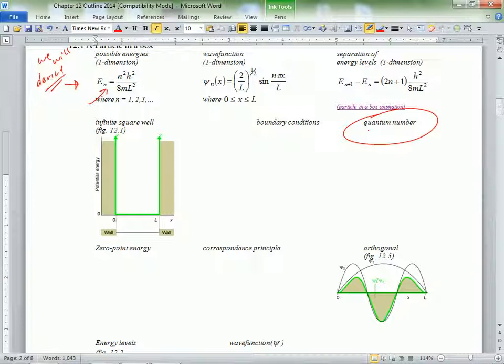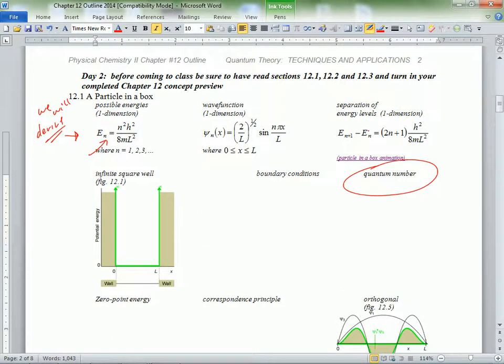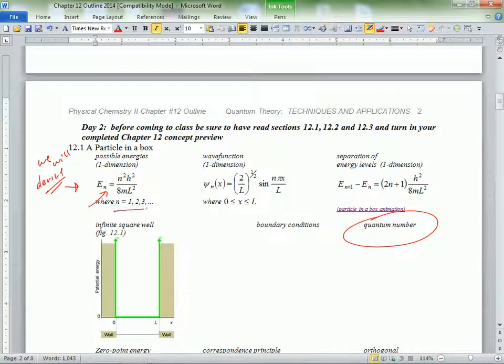There's only one quantum number to describe the state, since it's just one dimension, and that little n can just be 1, 2, 3. Where does that come from? It's going to come from the derivation of the expression for the energy of a particle in a box.